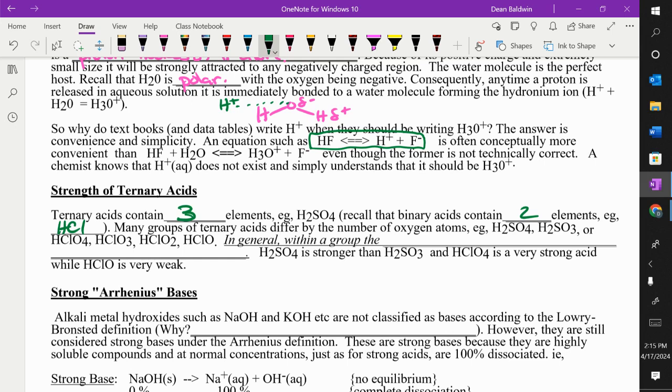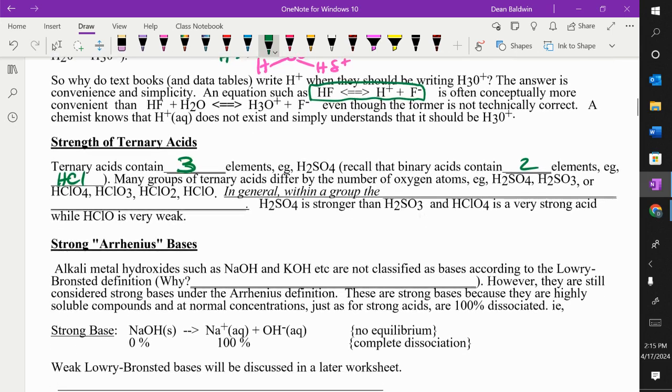So within a group, HClO4, HClO3, and so on, which one's the strongest? Which one's the weakest? Strongest has the most oxygens. Now, that's a relative strength. It's not saying that HClO4 is stronger than H2SO3. Those are different acids. But within the group, if you add more oxygens, you get a stronger acid.